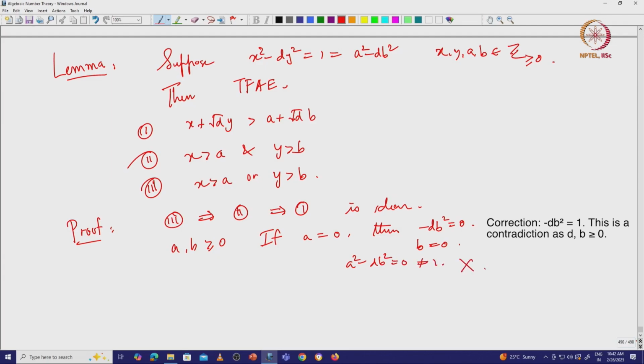So, a contradiction, which means that a is not equal to 0, and so a is bigger than or equal to 1, right. And similarly, x is bigger than or equal to 1, right. And now we are in a better situation.